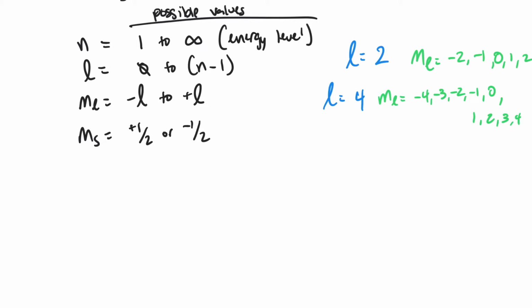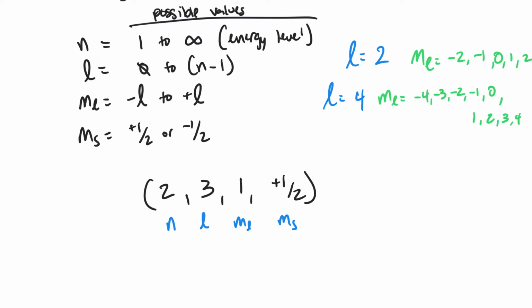The first thing you have to make sure is that these numbers can coexist, can actually work together. So here's an example. Let's say I gave you a set of quantum numbers that looks like this. This is usually the way we set up quantum numbers. Quantum numbers always go in the pattern of N, L, M sub L, M sub S.